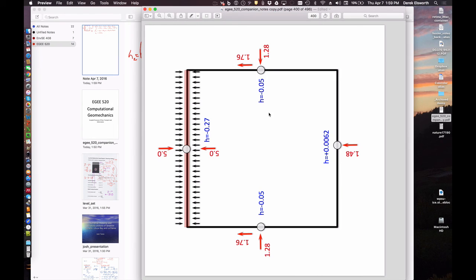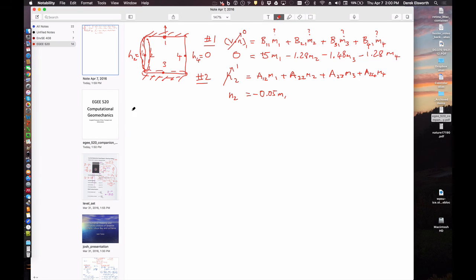So this would be minus 0.27 times M2. We would put it now on this third location and see what the influence of this on here would be.